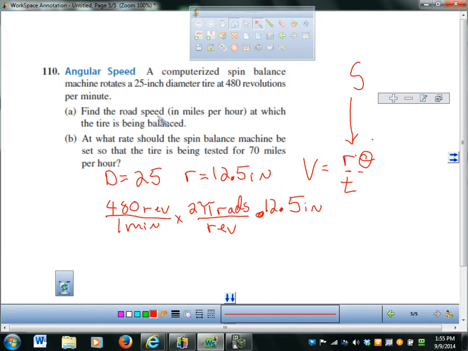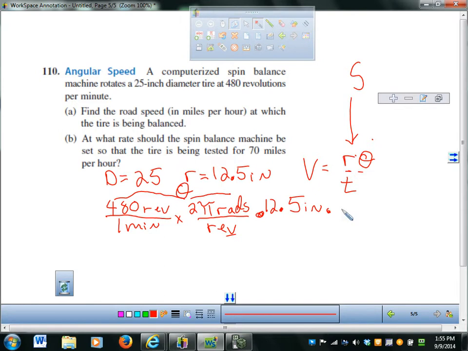Look at the units they want. They want miles per hour. So I'm going to take 12.5 inches, which is my radius. This big expression here is theta, and T is down here. I have S over T, but I need to convert into miles per hour.